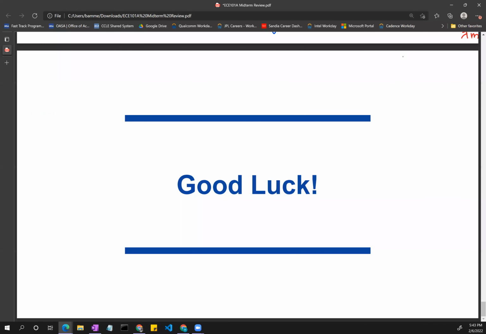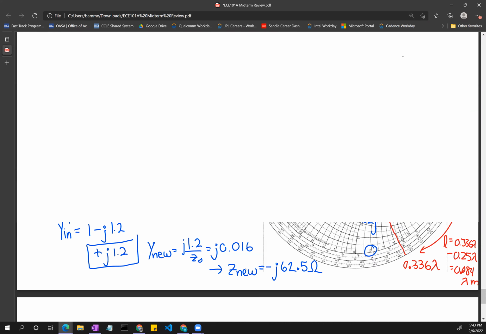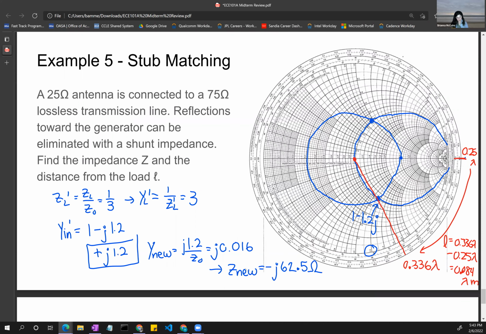Isn't Y new already normalized? So Y new here is going to be the normalized admittance, but if we want to add an actual capacitor or inductor to the circuit, then we need to be looking at actual values. So here we're denormalizing it, and that is dividing by Z naught because remember, admittance is 1 over impedance.